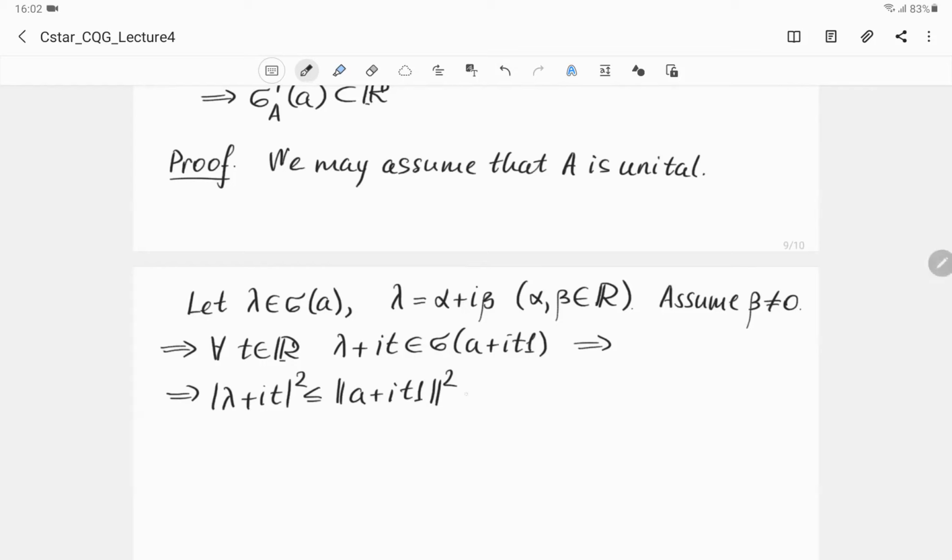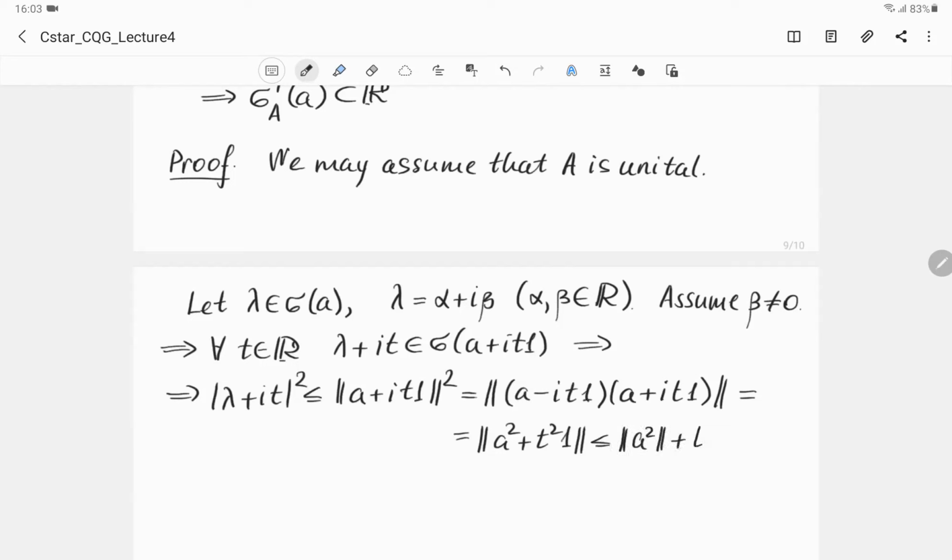Well, now what is this? We now apply the C-star axiom. The adjoint of this element is a minus it1, because a is self-adjoint. So the C-star axiom implies this. What is this? This is nothing but the norm of a squared plus t squared 1. And by the triangle inequality, this is less than or equal to the norm of a squared plus t squared.